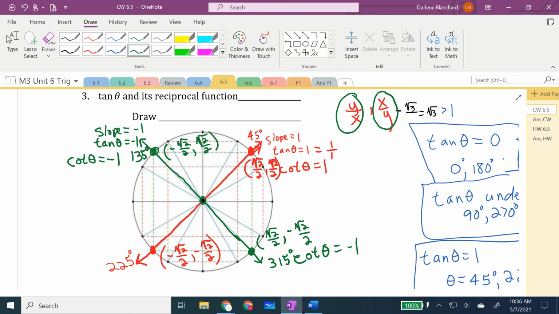So take a good look at this, and I'm going to keep repeating myself with these things to help them sink in a little bit more. But realize that at this point, you now have what tangent and cotangent are at several angles.